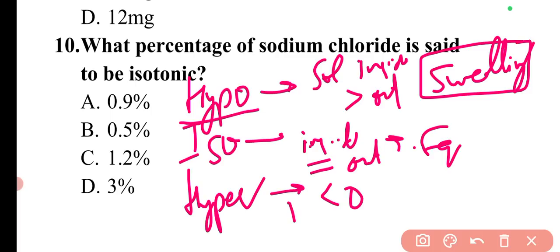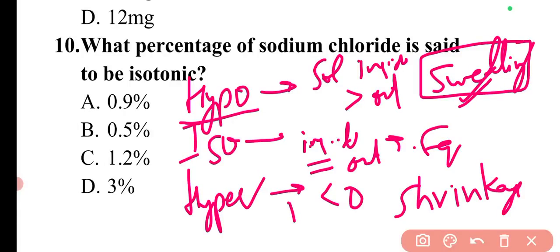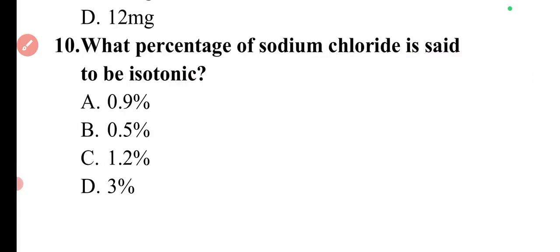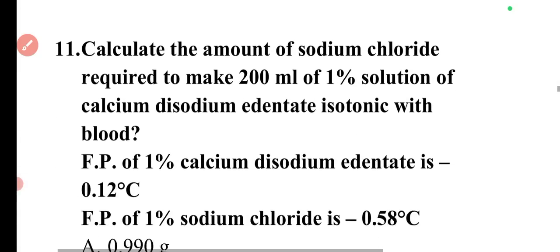What if there is a hypertonic solution? Then you can see the shrinkage. So these three things you need to remember. For isotonic, you need to remember the value for sodium chloride, and the conditions with hypotonic and hypertonic. Now we can move to the next question.